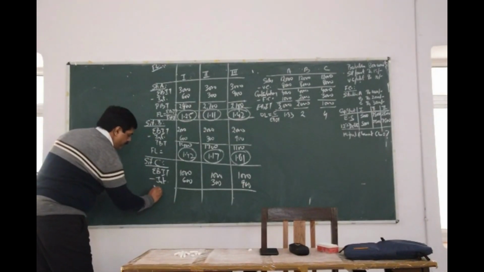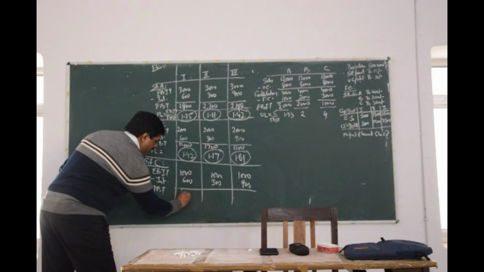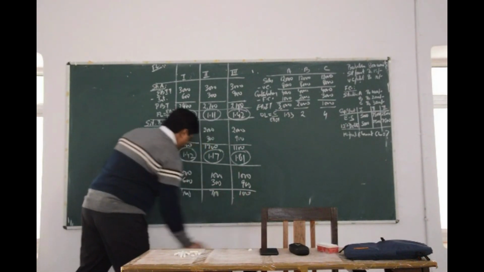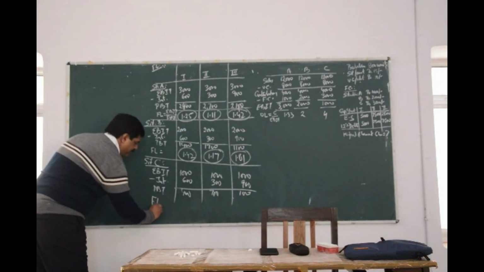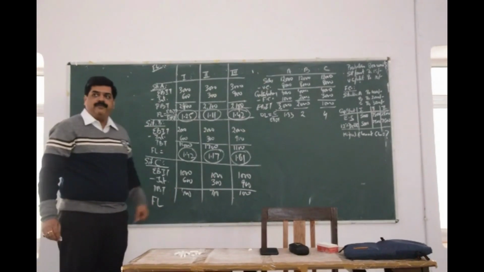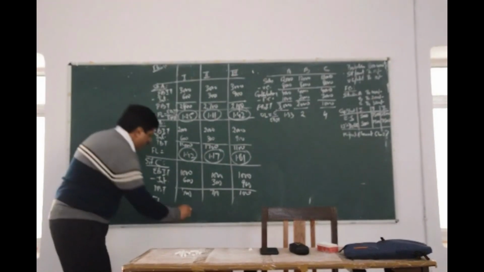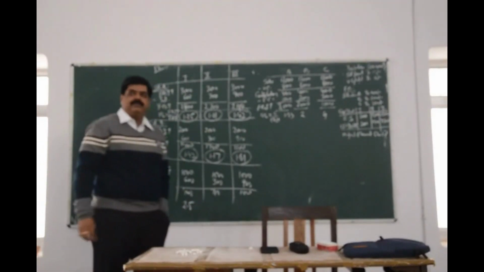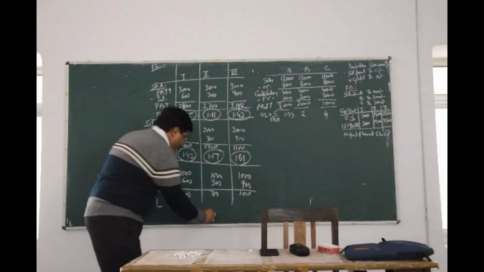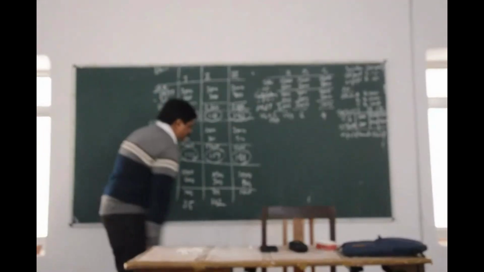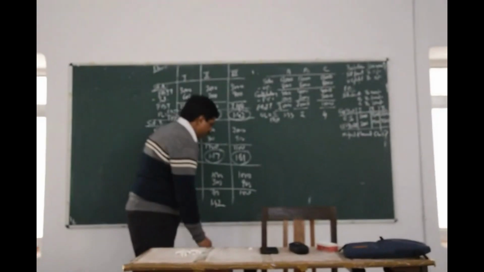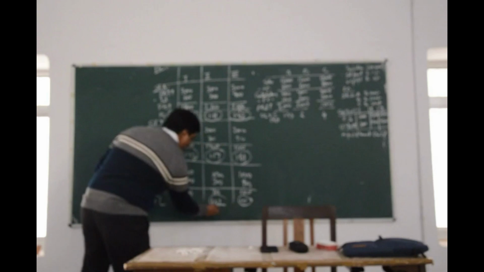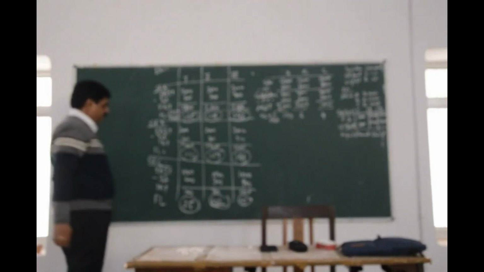That means profit before tax we are having as 400, 700 and 100. And financial leverage: 1,000 divided by 400, 2.5. 1,000 divided by 700, 1.42. And this will be 10. So 2.5, 1.42 and 10.